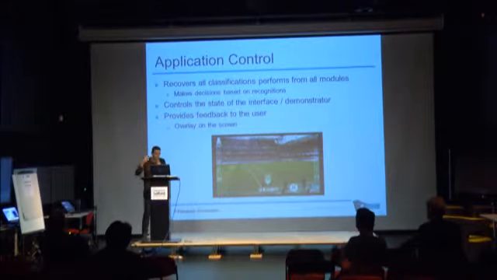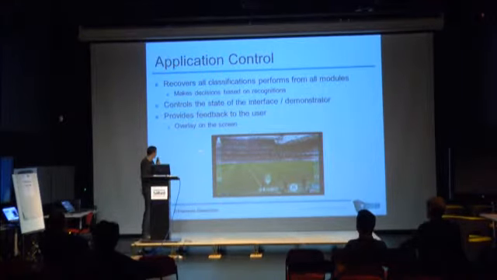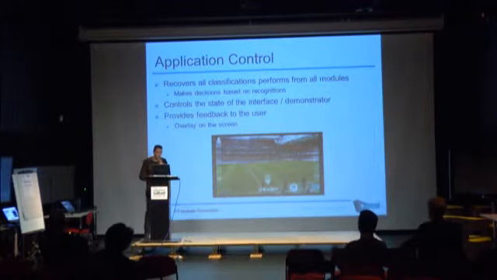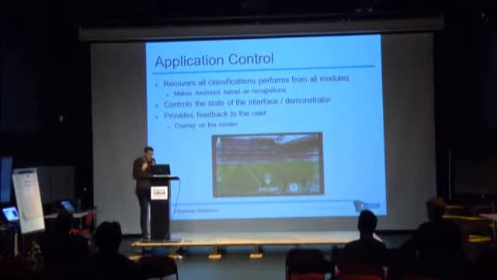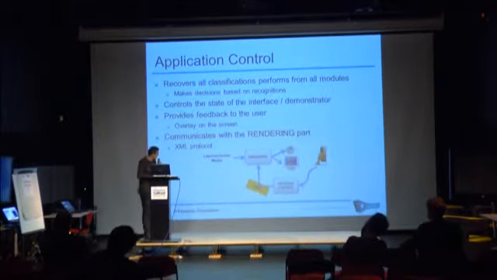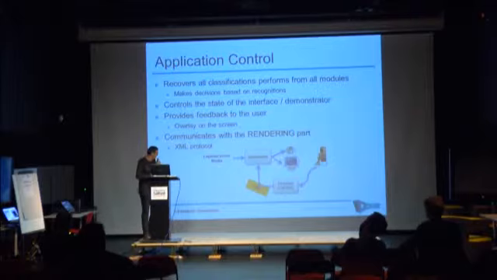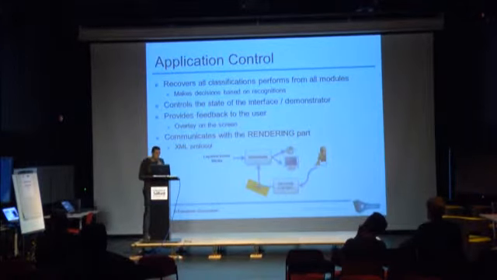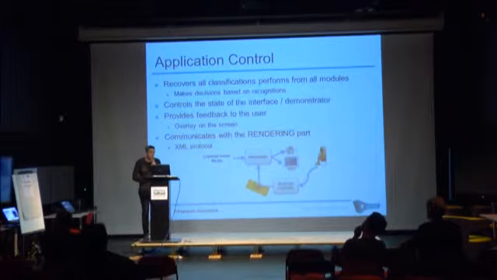So we decided to do an overlay on the screen, to give feedback to the user, sorry, that the system is understanding the user. And finally, as I said, it communicates with the rendering, and for that we use an XML protocol. XML is a text-based protocol. At least the information that we need to send is not much, so a basic XML protocol works okay.